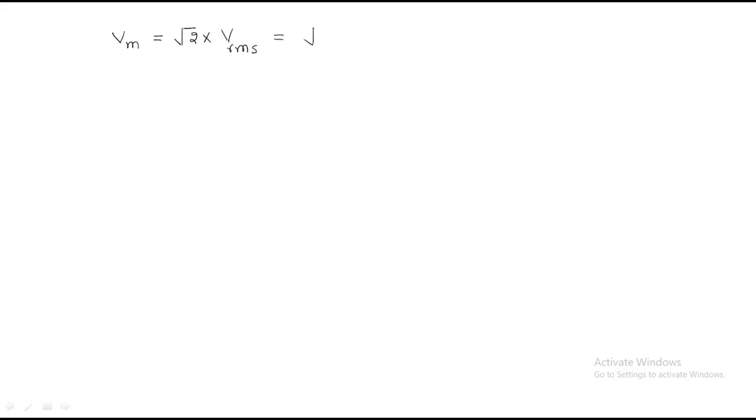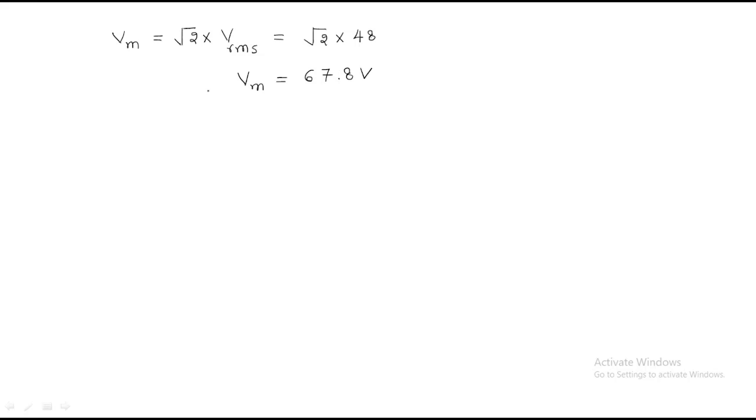Here V RMS is 48 volts. By using this we find the maximum voltage, 67.8 volts.